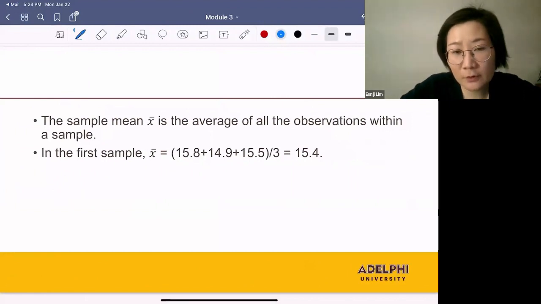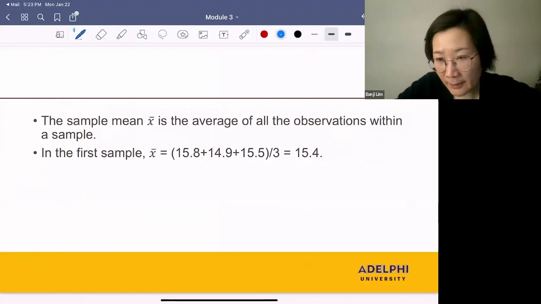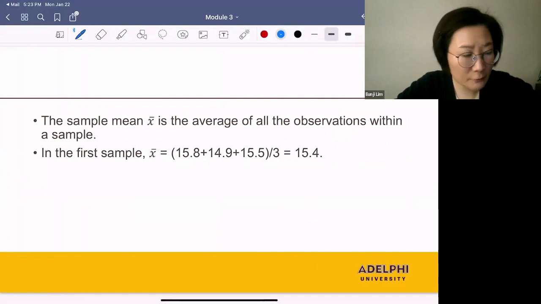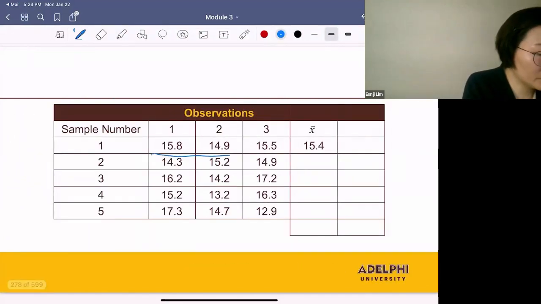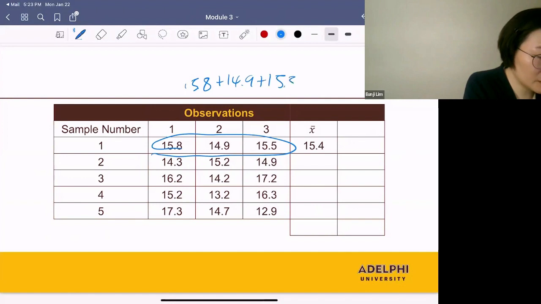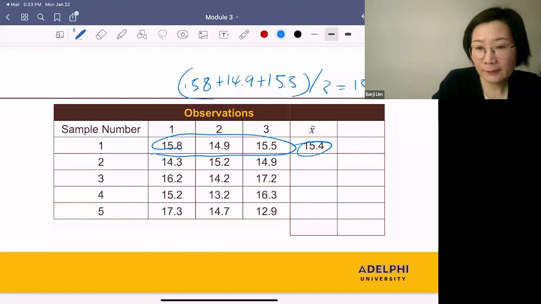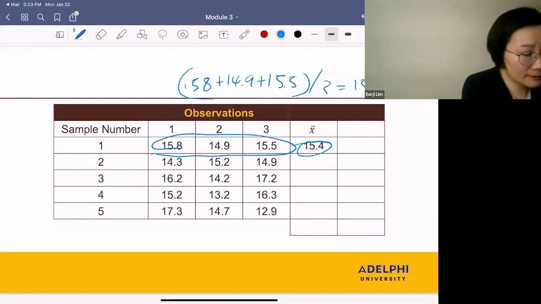First, we need to compute the sample mean of each sample, and that's the average of all the observations within a sample. So for the first sample, we have 3 numbers, so add them up and divide by 3: 15.4, that's the sample mean of the first sample. And we repeat this for the rest of the samples.